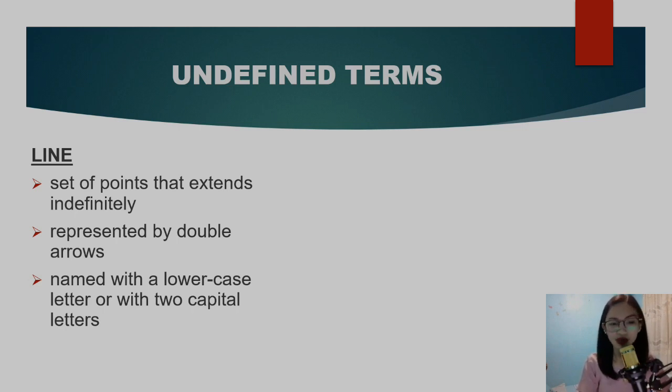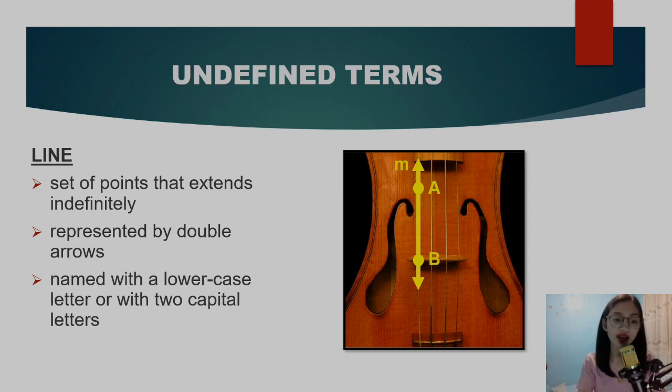Example is the string of the violin. Here, as you can see, we have 2 points, point A and point B. And when we connect them, we form a line. The line has 2 arrowheads at both ends. Yung dalawang arrowhead na yun, ang ibig sabihin nun, pwede natin siyang i-extend kahit gaano kahaba natin gusto.